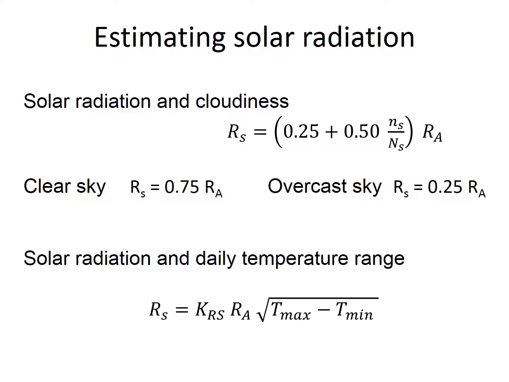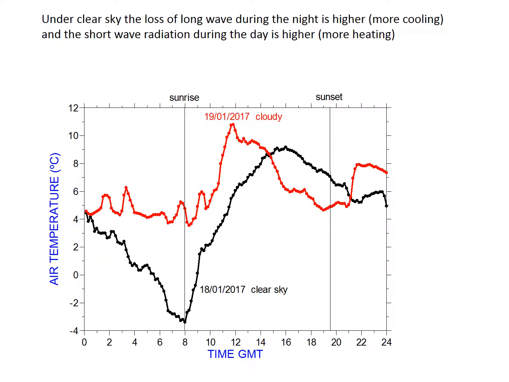The reason why we can estimate solar radiation this way: in this picture, we see the time course of air temperature for 2 consecutive days in January 2017 in Cordoba. First, we have clear sky conditions on the 18th, the black line, like here.